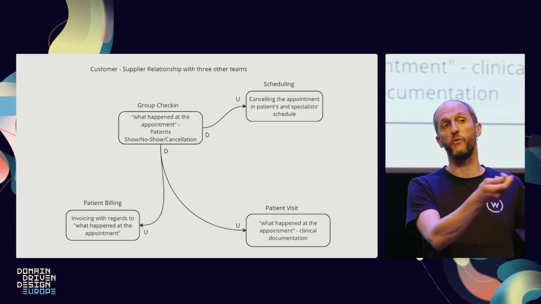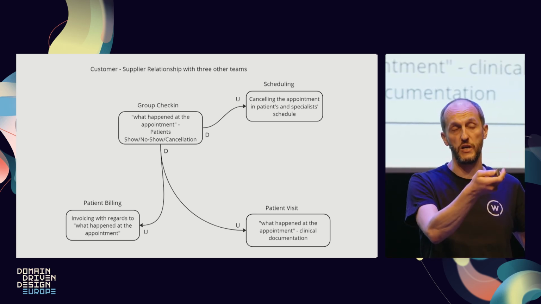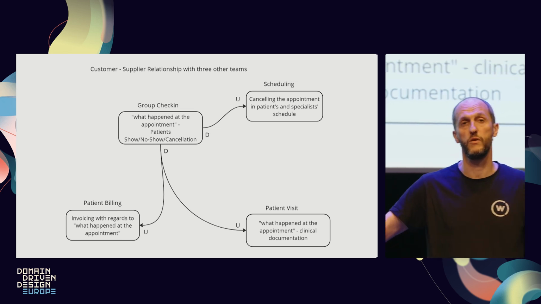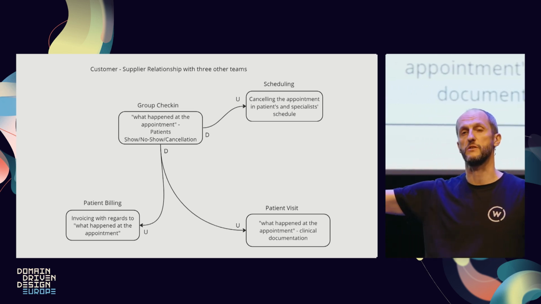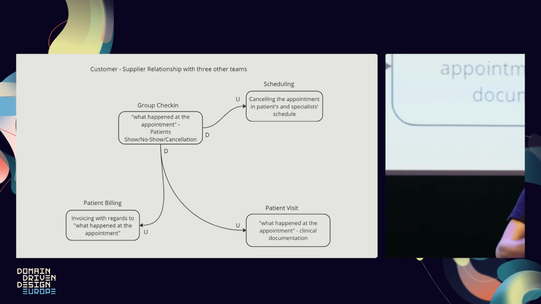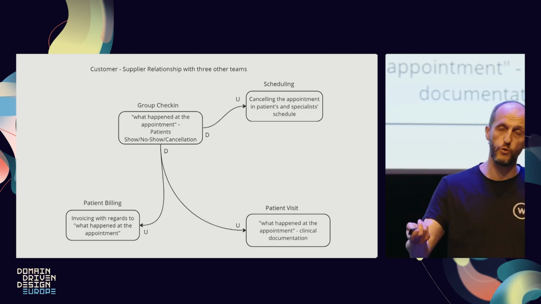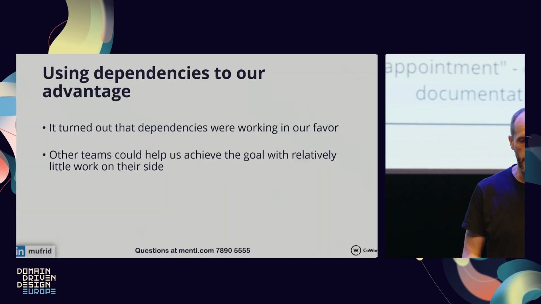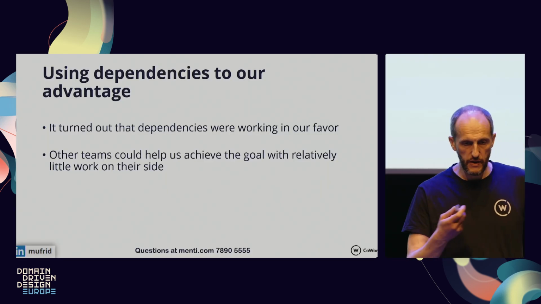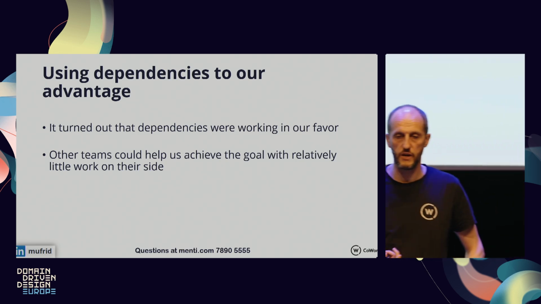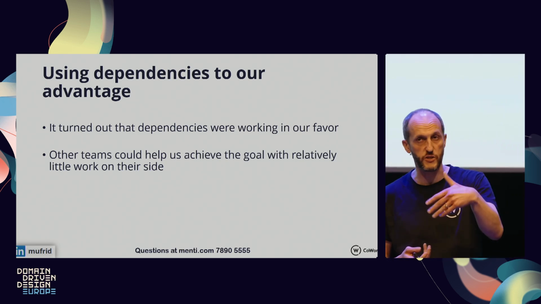So we need a couple of features for you to deliver to us before you deliver anything else, so we can go on and deliver something in production. Okay? We are dependent on your help. So can you do that? And you work jointly to define those features. So these dependencies work to our advantage. So other teams could help us achieve this goal.